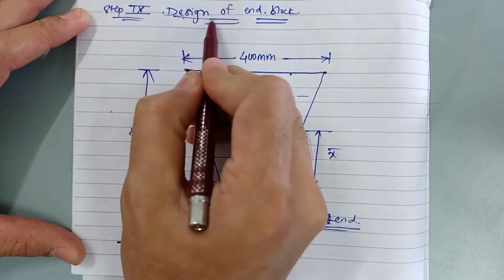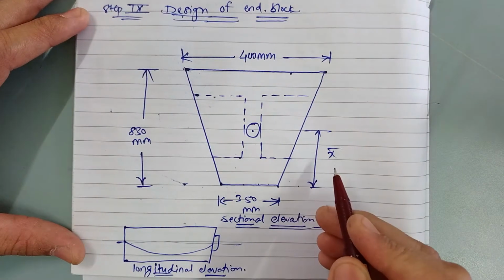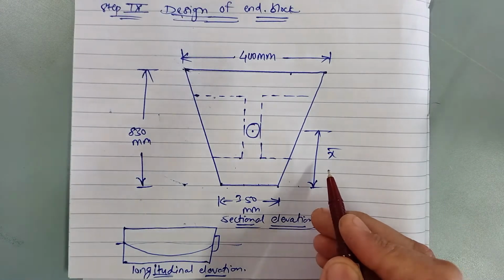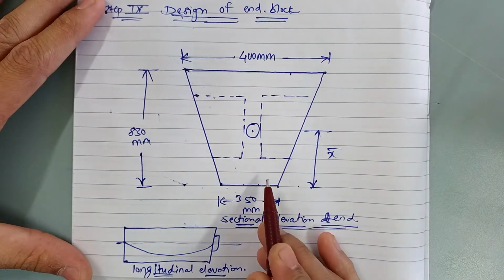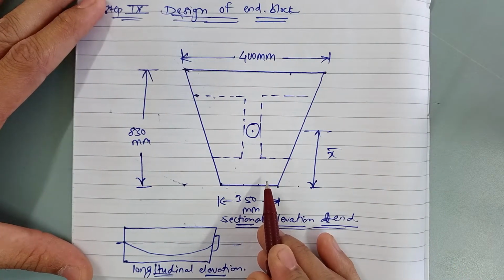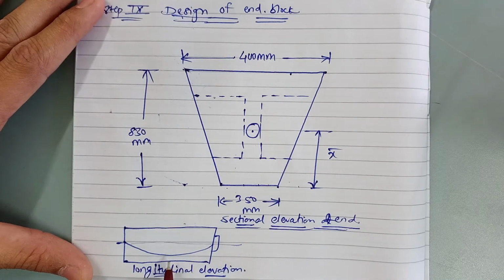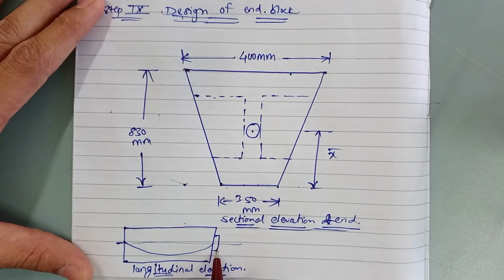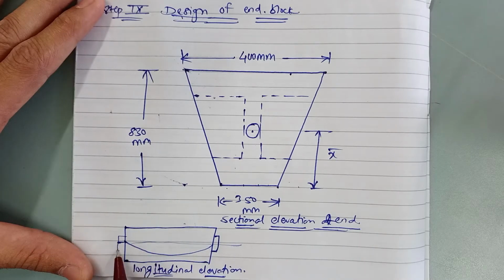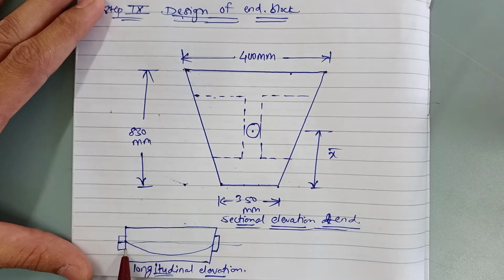Now this is nothing but step number 9, design of end block. This is our end section of the beam. Consider here, this is our beam, that is longitudinal elevation, this is the cable profile, and this is the neutral axis. Now here end block is to be provided at the end of the beam.